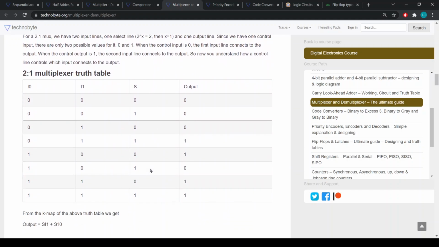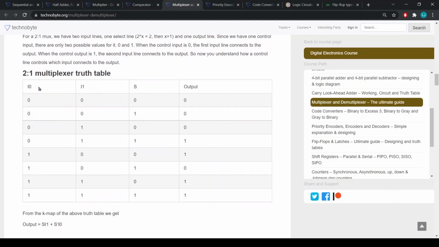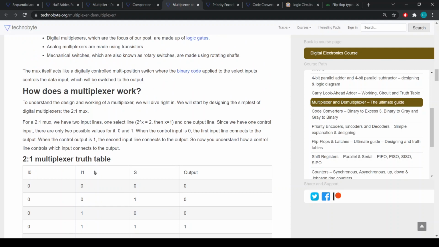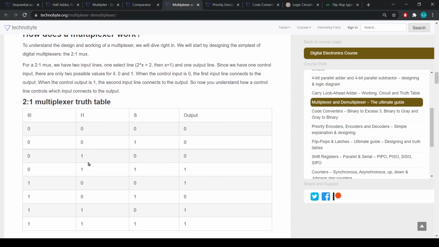So for example, you have I0, I1 as our inputs, and we have S as our signal and output here. Since we have only two inputs, now we have 0, 1 as our signal.